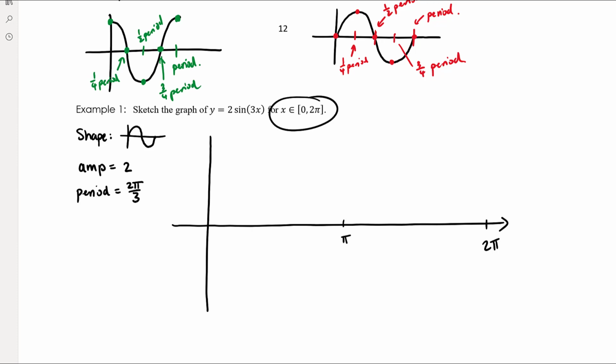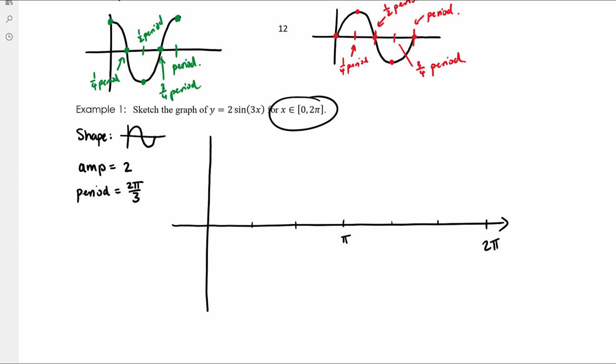Now, I want to think about the fact that my period is 2 pi on 3. So I'm going to need to be able to scale my axis in thirds. So I'm going to take this distance that's pi and divide that into 3 equal sections. A bit uneven, let me try that again. You don't need a ruler, it doesn't need to be perfectly precise, but if you cannot do this vaguely accurately by eye, then use a ruler. Okay, so I've now divided it into pi on 3.